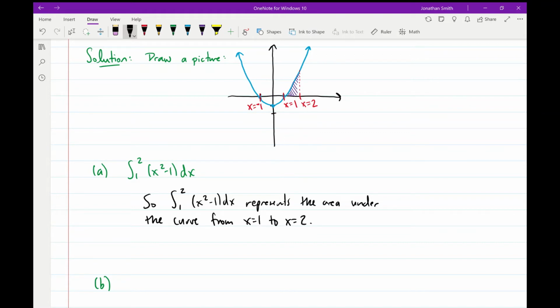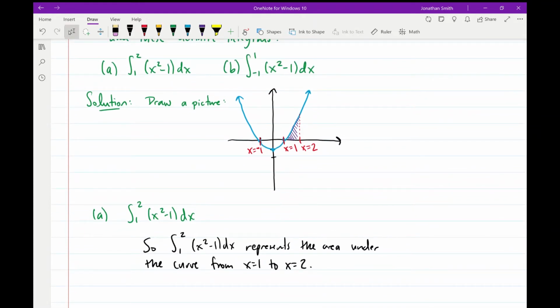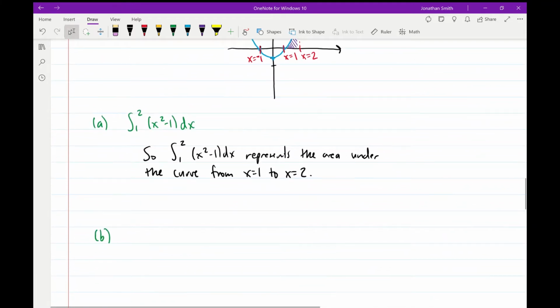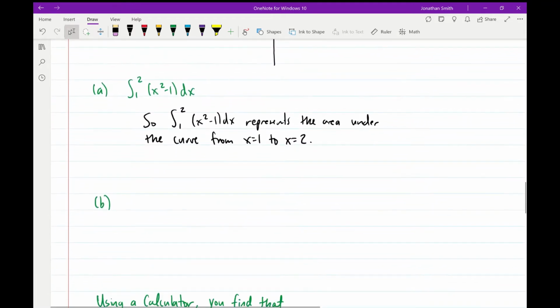So in this first case, this is something that we would have seen in a previous section, because on that interval from 1 to 2, our function x squared minus 1 is just positive. So the definite integral has the same meaning it had before. It's just the area under the curve.